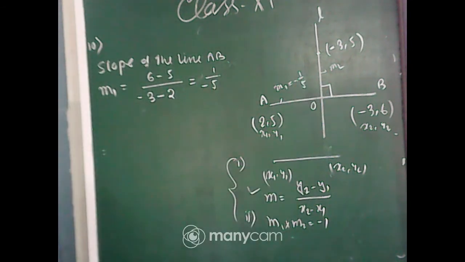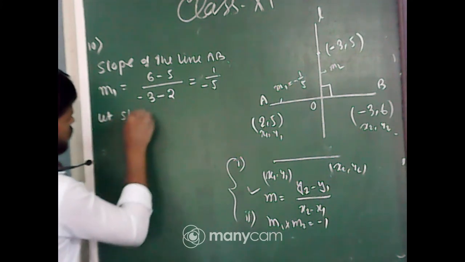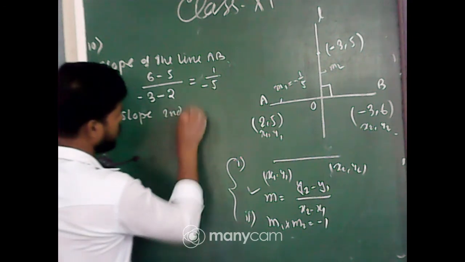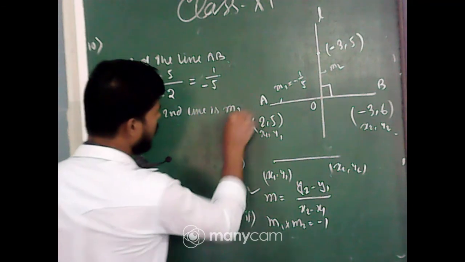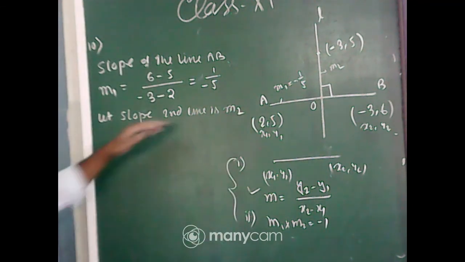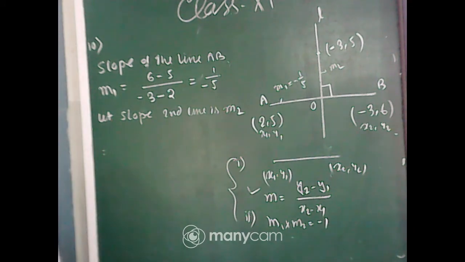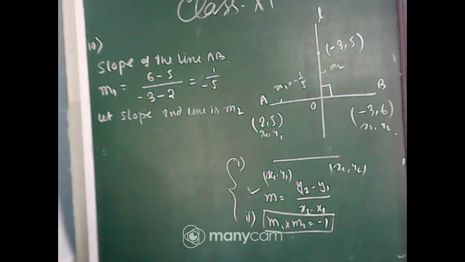Let the slope of the second line be m2. As the first and second lines are perpendicular to each other, the product of their slopes will be equal to minus 1.